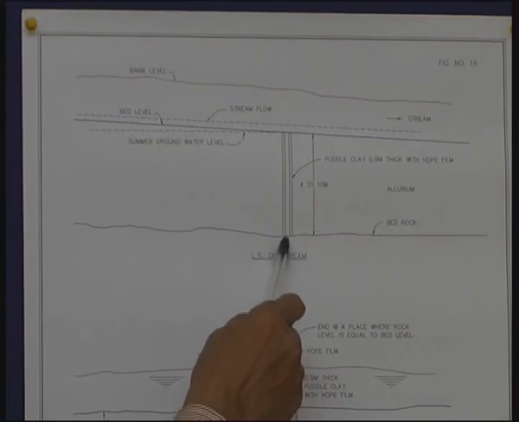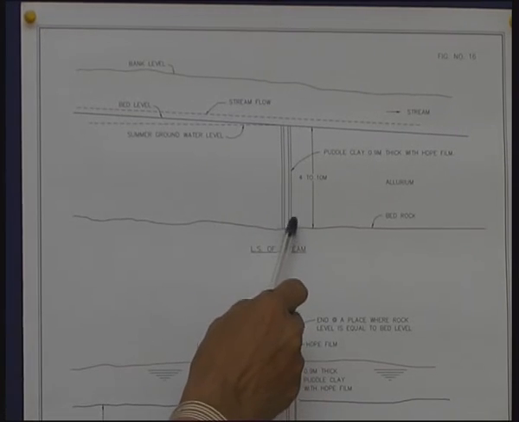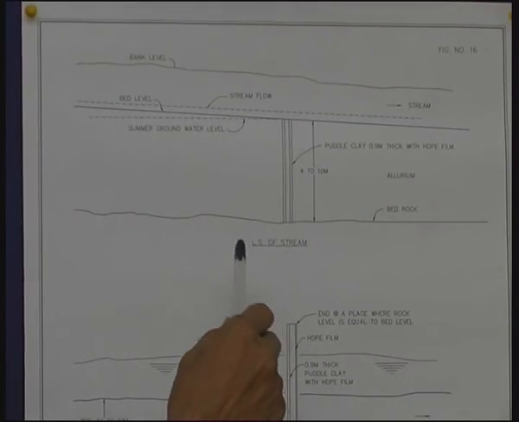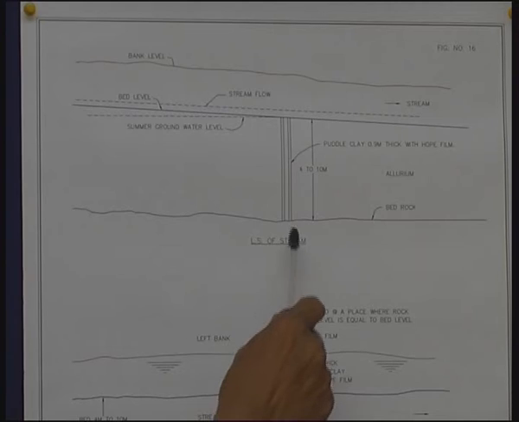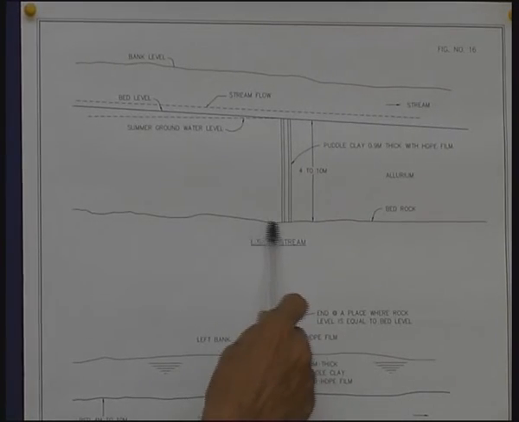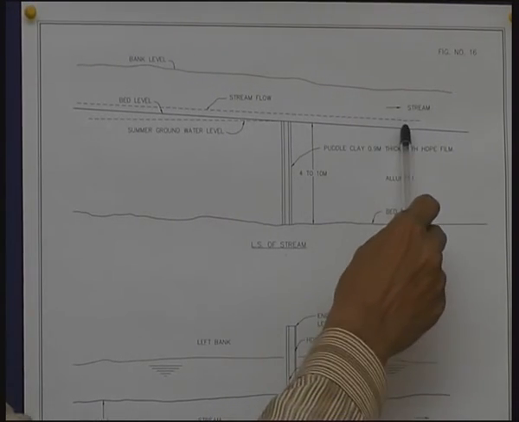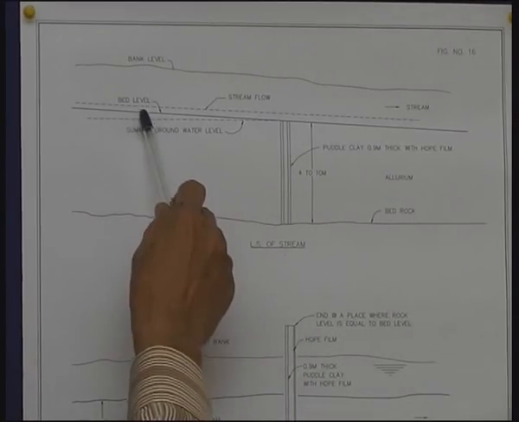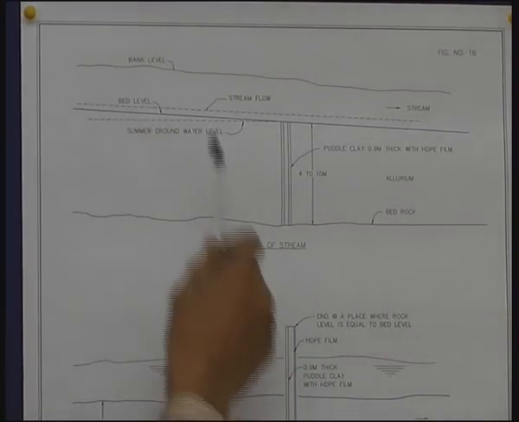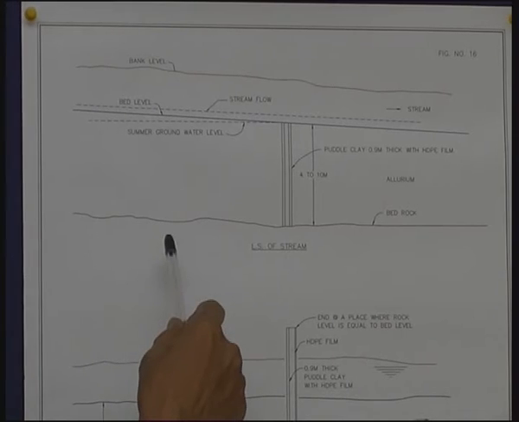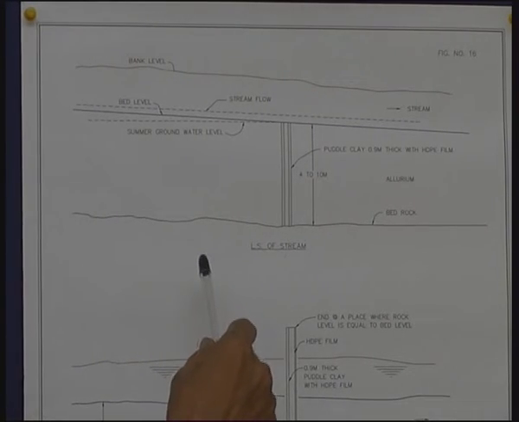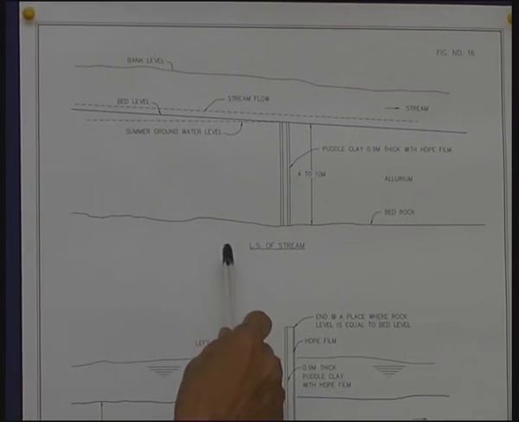And before this puddle clay is put into this, it is necessary to excavate a trench, usually with this width and a side slope in the sandy bed. The side slope could be something like 2 horizontal to 1 vertical, or 1.5 horizontal to 1 vertical.